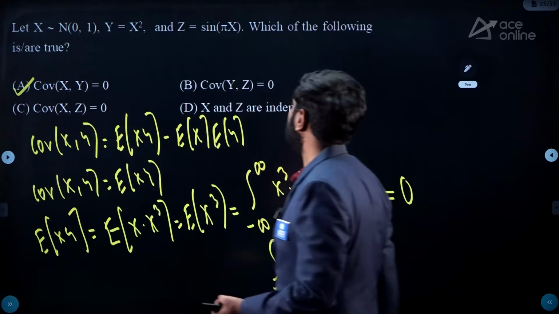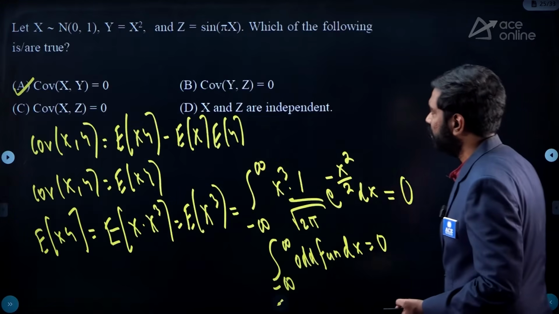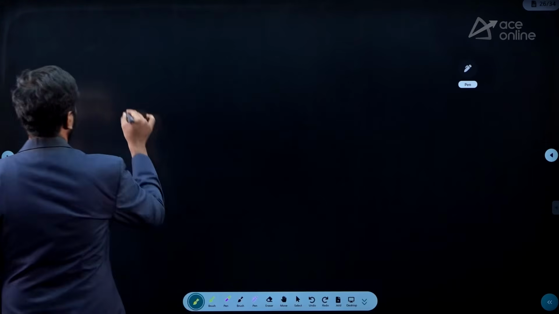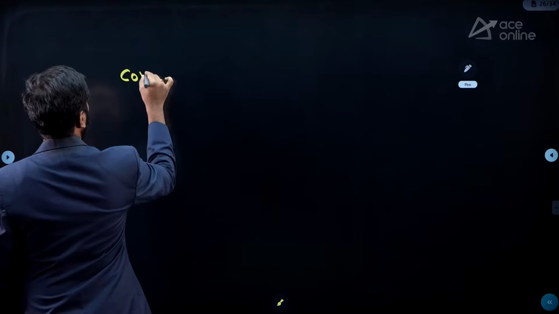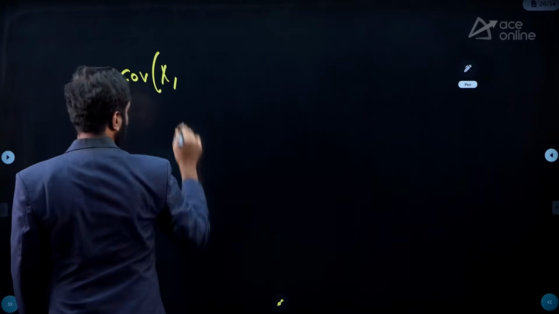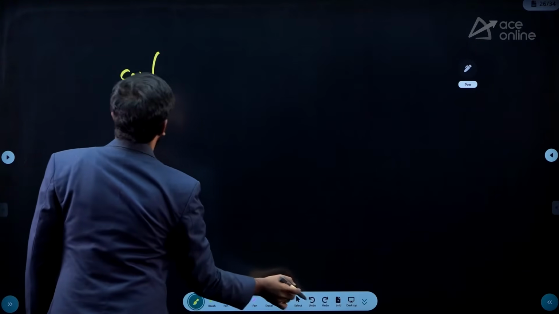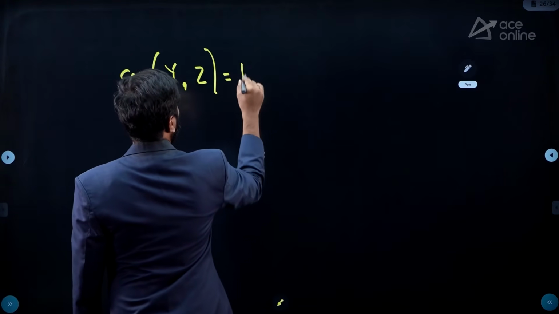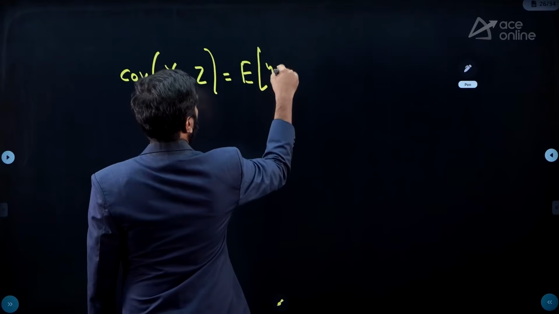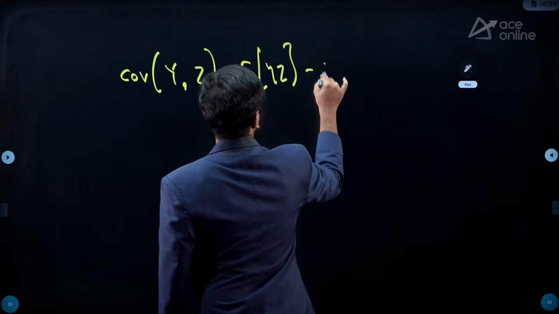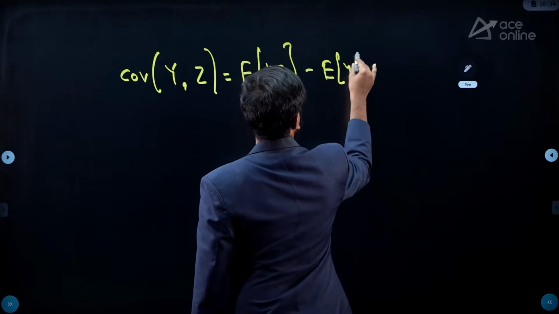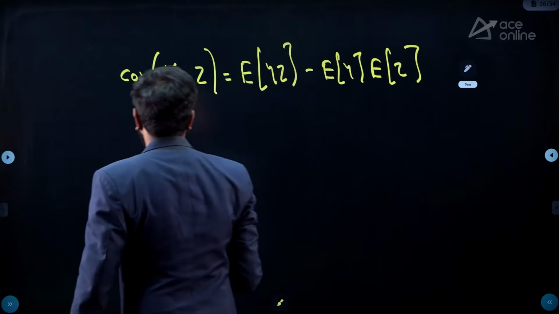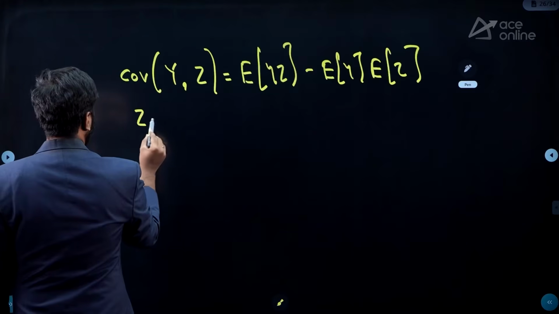Now I have to verify the other options, covariance of Y comma Z. So let's solve it here. Covariance of Y comma Z is expected value of YZ minus expected value of Y into expected value of Z. So what is the expression for Z?